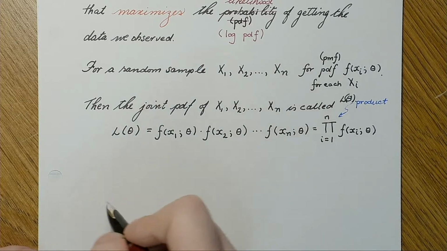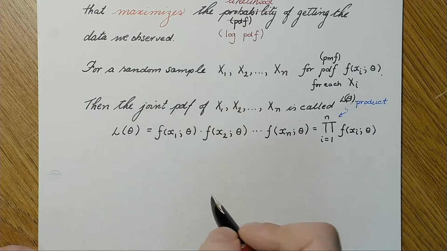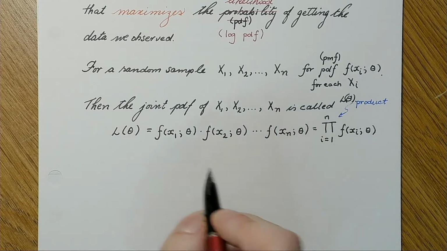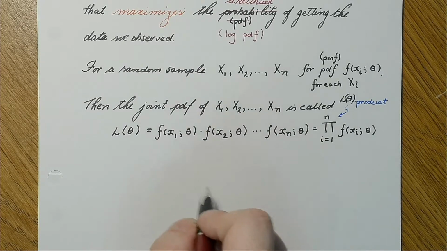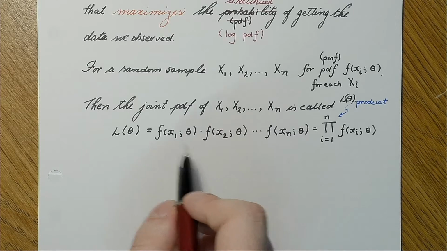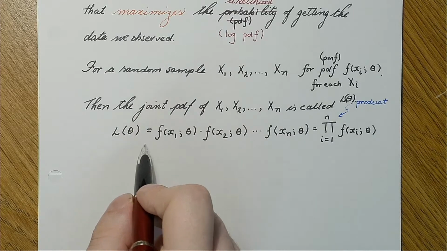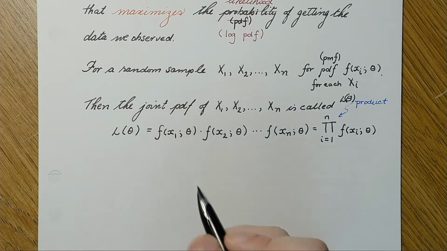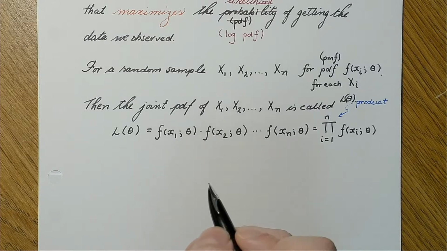So, in light of the basic idea of maximum likelihood, one reasonable way to proceed is to treat the likelihood function L of theta as a function of theta and find the value of theta that maximizes it.